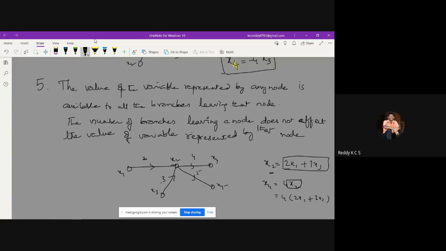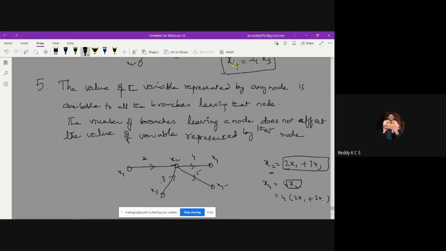So the number of branches leaving a node does not affect the value of the variable represented by that node. The branches leaving this particular node will not affect the value of x2, because these are leaving branches. Only entering branches are taken into consideration, which affect the x2 variable, not the leaving branches. That is the fifth point.